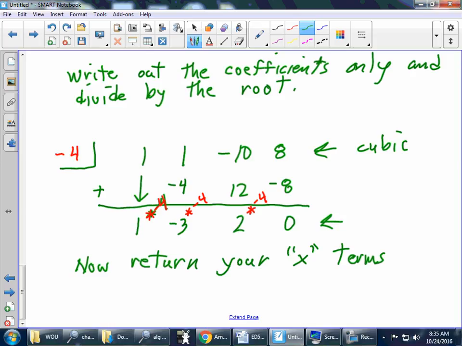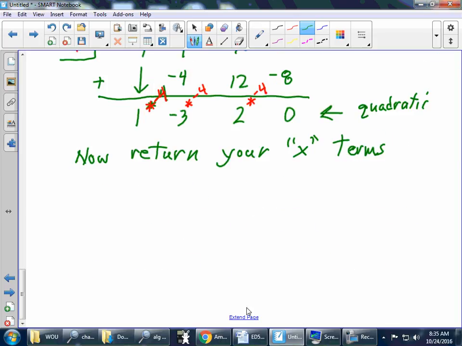Well, this factor has to be what kind of a function? A trinomial or a quadratic, yeah. It has to be quadratic, an x squared term. So this first term is going to be 1x squared minus 3x plus 2.